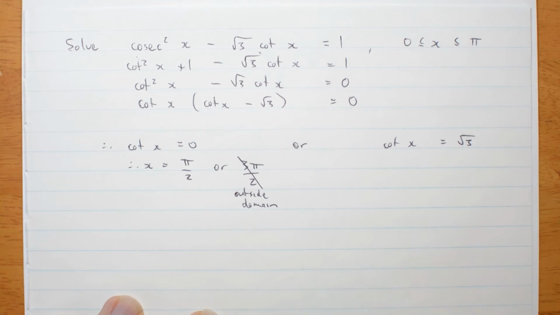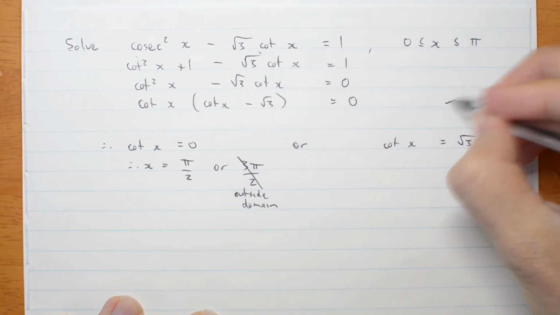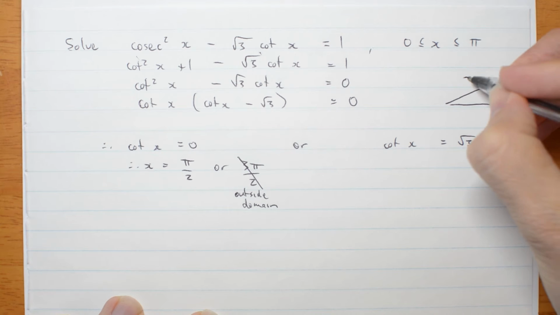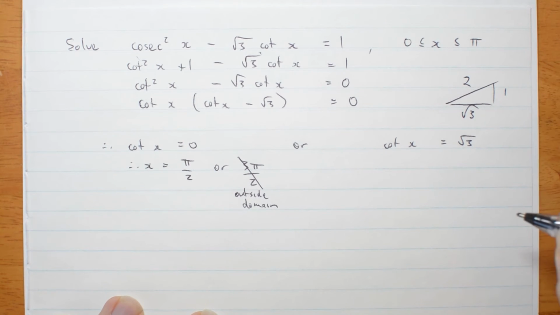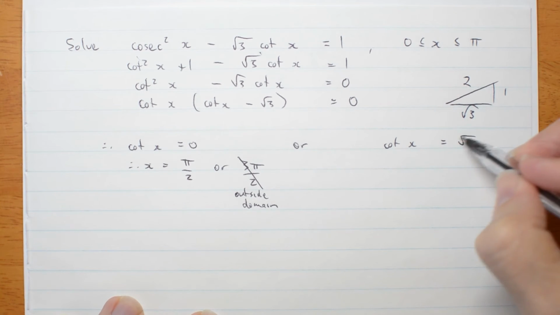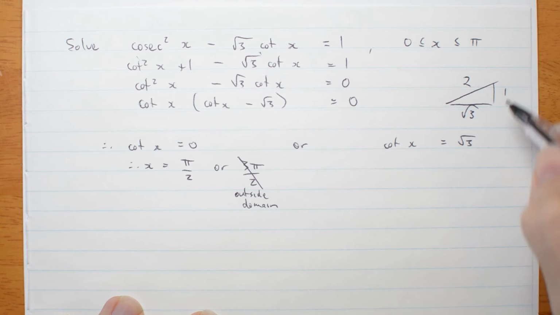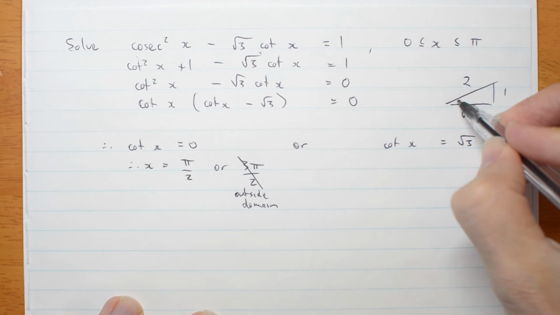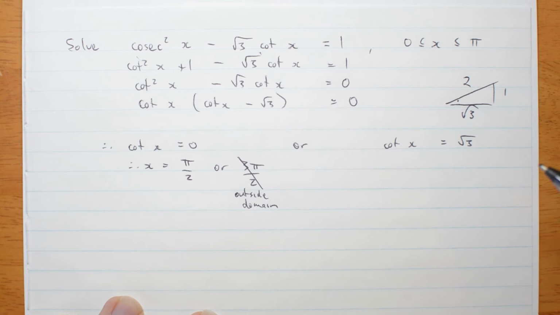Now if cot x is root 3, 1, 2, root 3, if cot is root 3 on 1, that means tan is 1 on root 3, and I've got pi on 6.